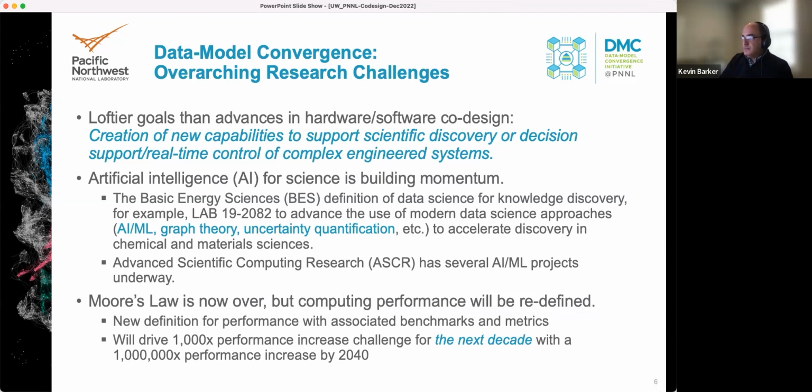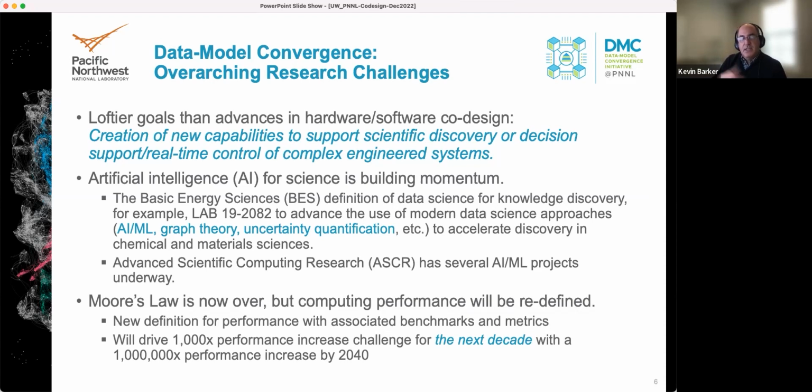And so the goal behind DMC, or the impetus behind the DMC initiative, is developing heterogeneous and reconfigurable computing technologies together with the entire software stack that would be needed to support such things, that will drive kind of the 1000x performance per decade cadence that we've gotten used to with technology scaling resulting from Moore's law.